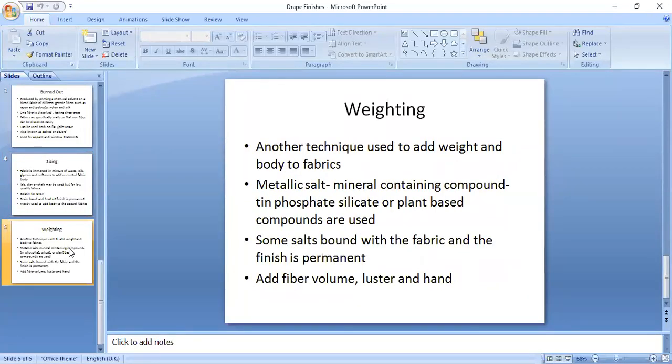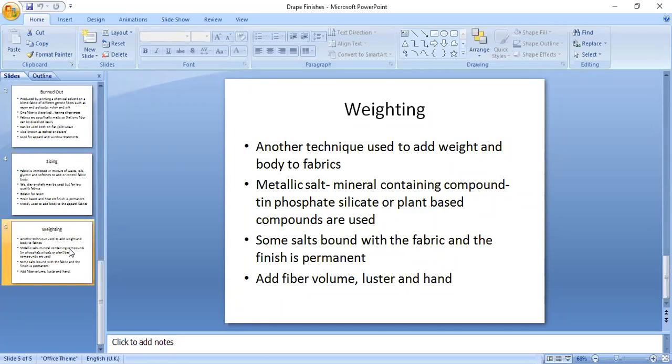Weighting is another technique used to add weight and body to apparel fabrics. Three types of chemicals are used: a metallic salt, a mineral weighting compound such as phosphate silicate, or plant-based compounds.